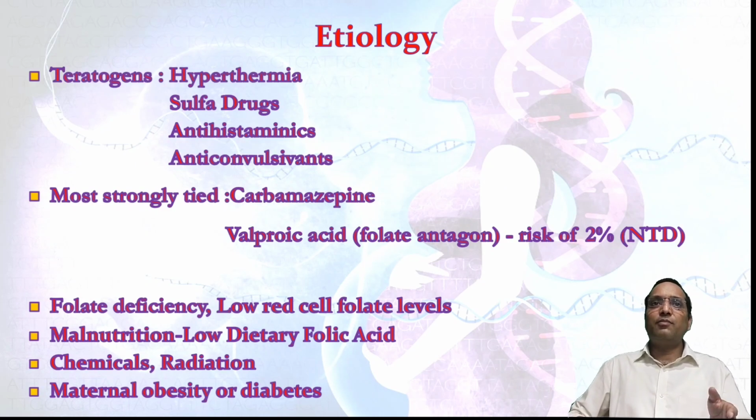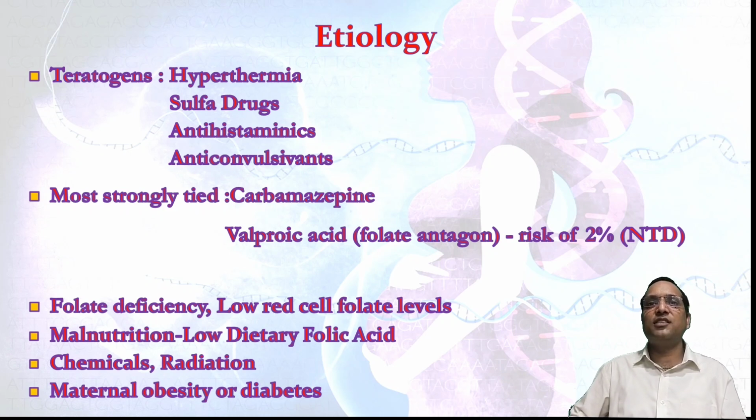Etiologically, there are some teratogens, such as hyperthermia, sulfa drugs, antihistaminics, and anticonvulsants, which are important causes of neural tube defect. Most strongly, carbamazepine and valproic acid, which are folate antagonists, carry a risk of 2% for neural tube defect.